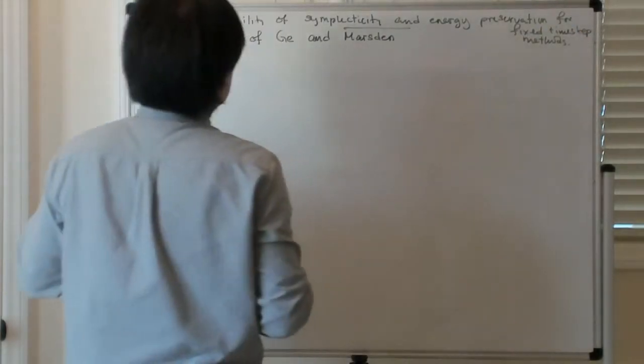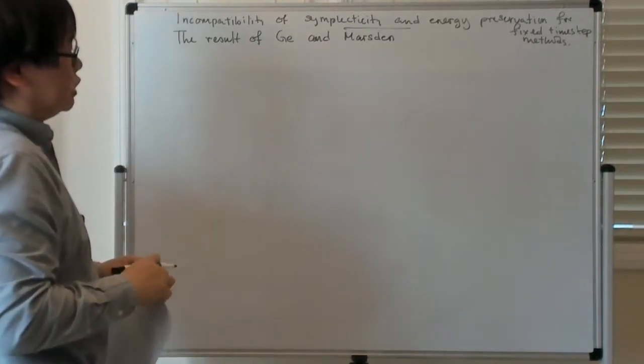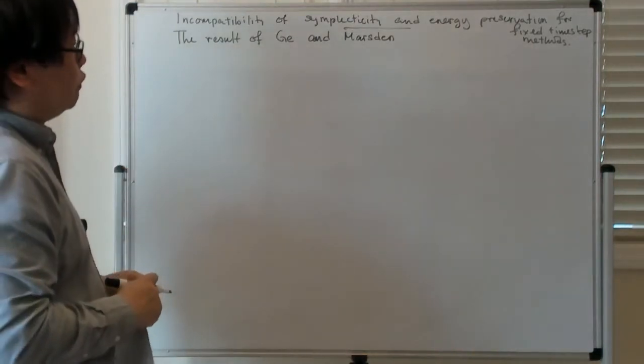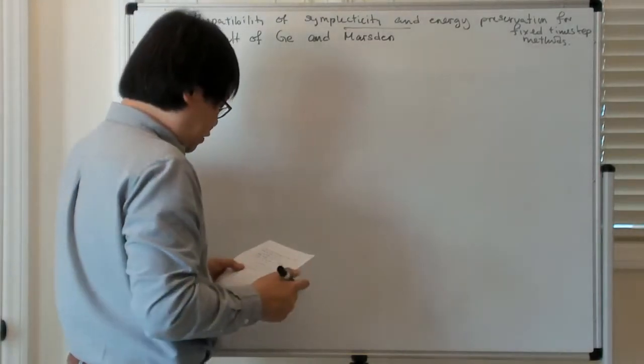Okay, so the result of Gurr and Marsden, which more or less says that symplecticity and energy preservation is incompatible for fixed time step methods, can be understood in terms of Hamiltonian backward error analysis.